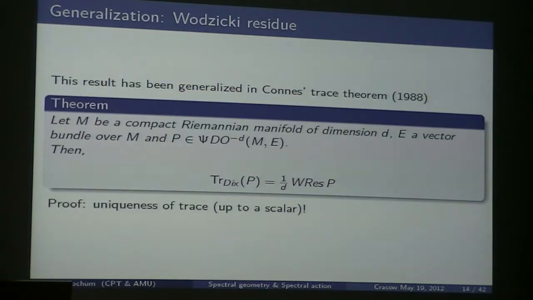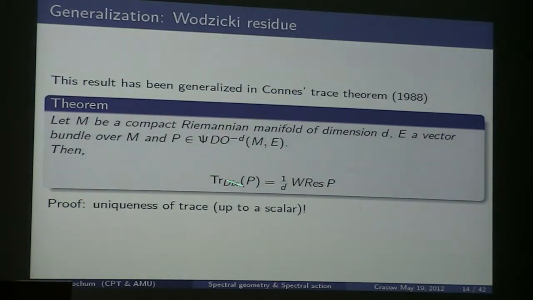It means that this has been generalized by Alain Connes in 1988, namely, if you have a compact Riemannian manifold, d-dimensional, and a vector bundle on it, and assume that you have a pseudo-differential operator of the order precisely minus dimension, you see, dimension is the critical point.